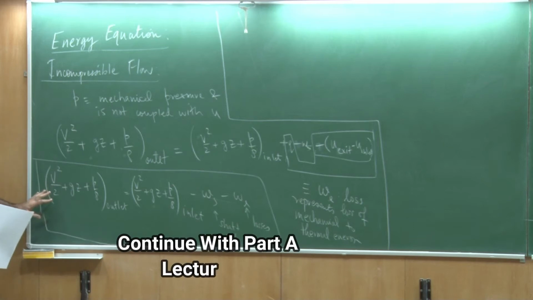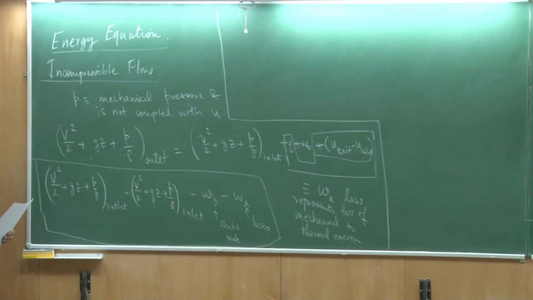So, this is the energy equation, and it is very customary to put it in a form proposed by the hydraulic engineers. What they do is divide the entire equation by g, the acceleration due to gravity, and what that does is you would get a z here, a length scale.